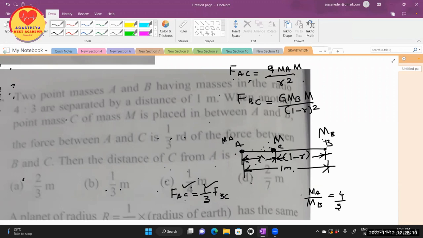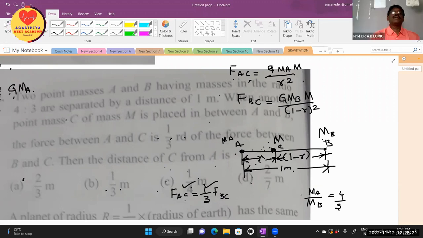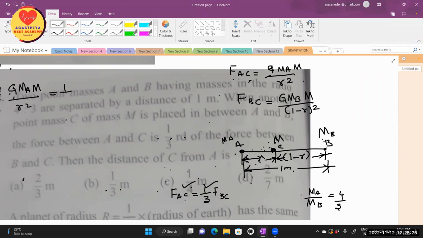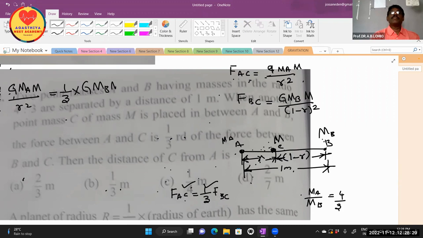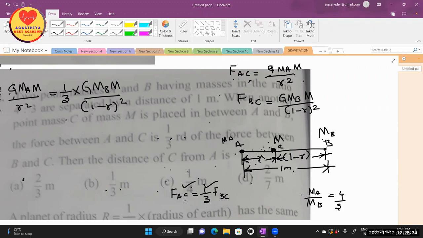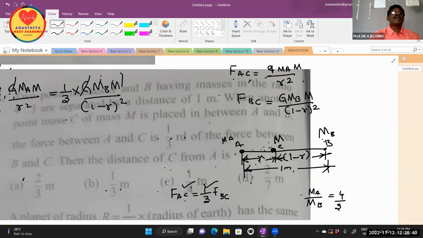G MA M divided by R squared equals 1/3 of G MB M divided by (1 minus R) squared. Very good. Now G can be cancelled, and M also cancels. What about MA and MB?